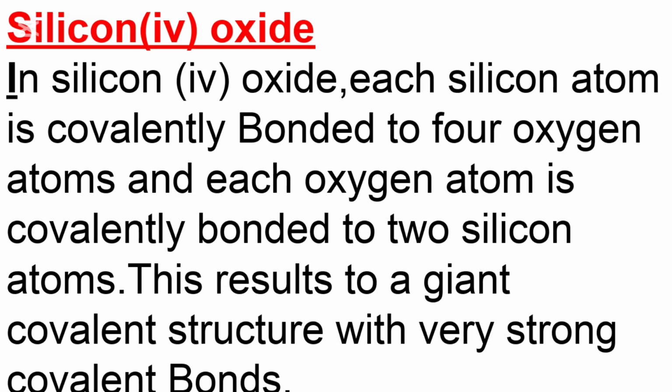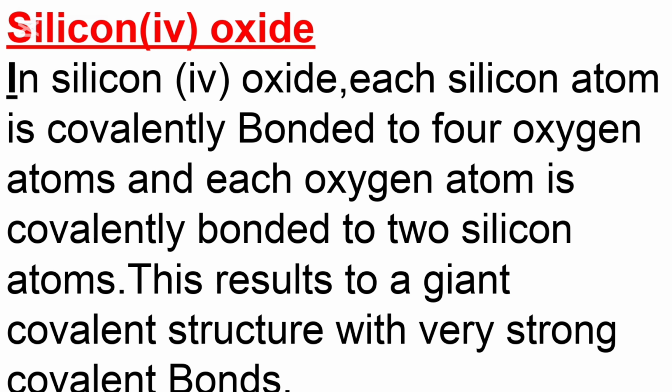Now let's look at another compound which has the giant atomic structure, and that is silicon 4 oxide. In silicon 4 oxide, each silicon atom is covalently bonded to 4 oxygen atoms, and each oxygen atom is covalently bonded to 2 silicon atoms.